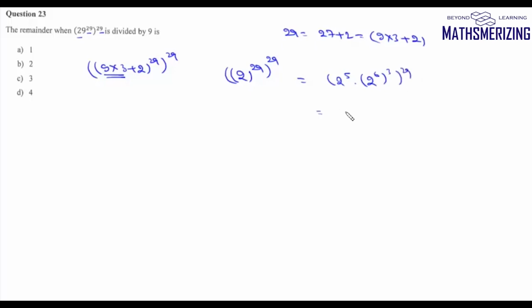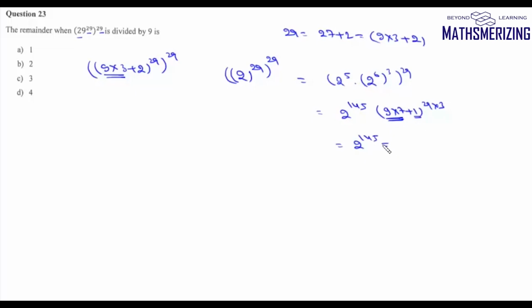Now 29 into 5 is 145. So it will be 2 to the power 145, and 2 to the power 6 is actually (9 into 7 plus 1) to the power 29 into 3. Now again we'll need a multiple of 9. So the remainder is simply 1. So it will be 2 to the power of 145.